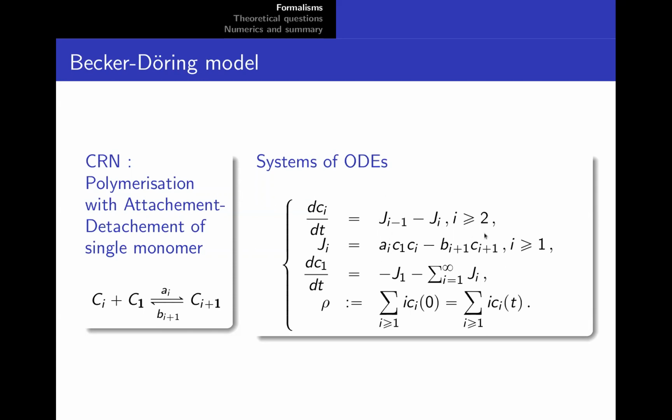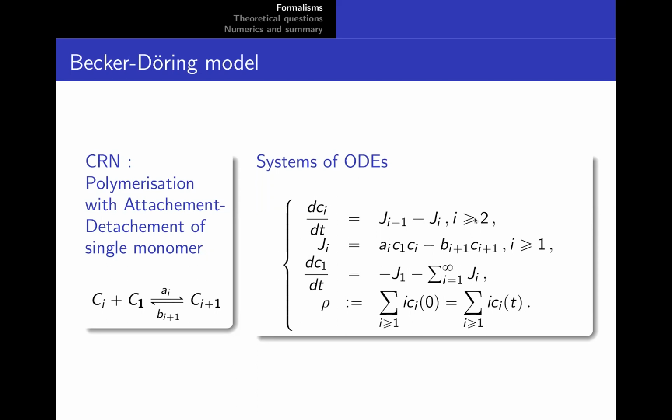We have a conservation law, which is the total number of particles in our system, the sum of i times Ci, counting particles either in monomers or in aggregates. This quantity has to be conserved because each elementary reaction conserves it.